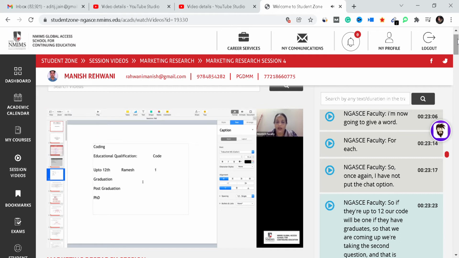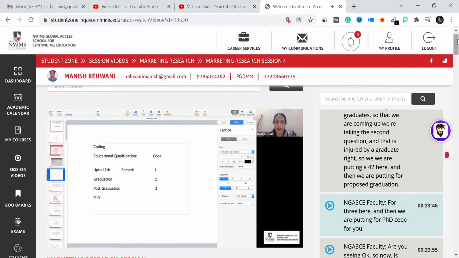If they are graduates, so we are taking the second questionnaire entered by a graduate, we put code 2 here. Then for post-graduation, code 3, and for PhD, code 4.